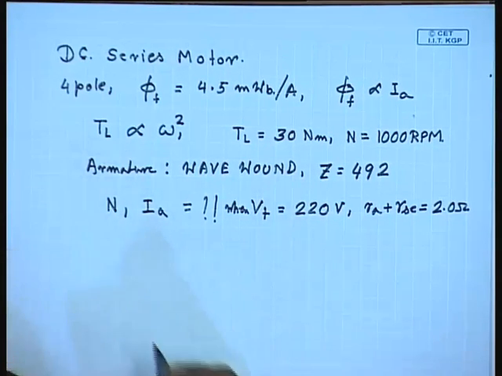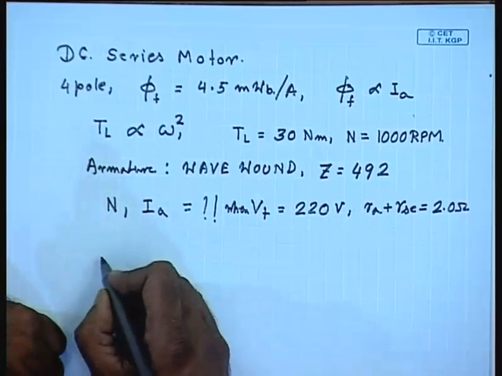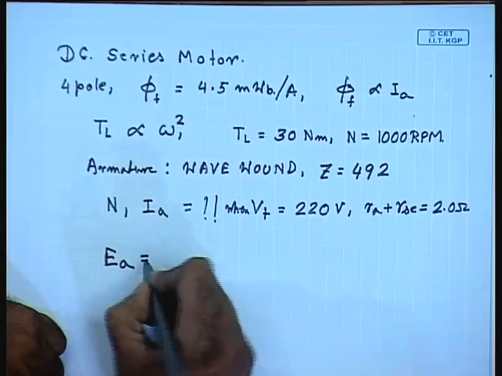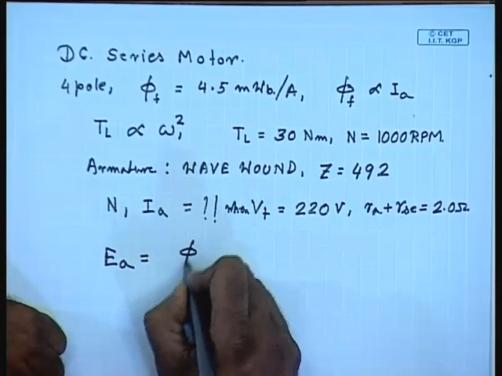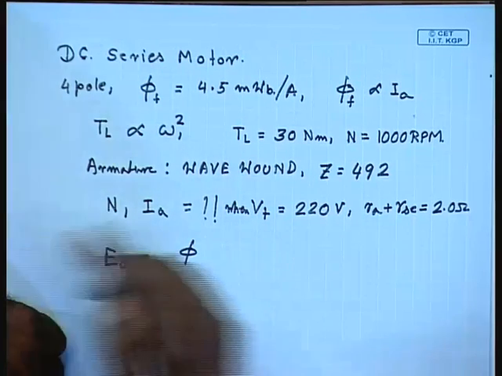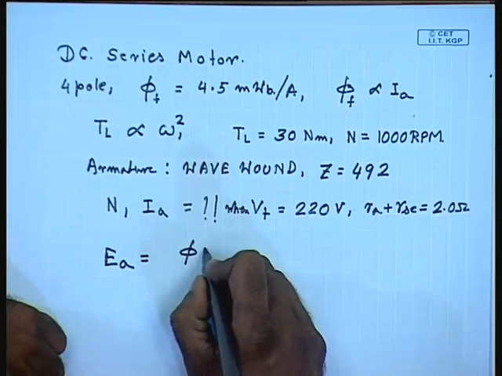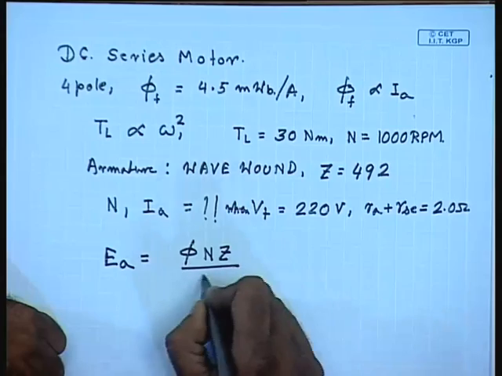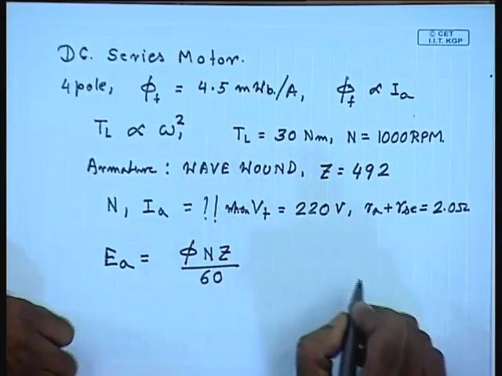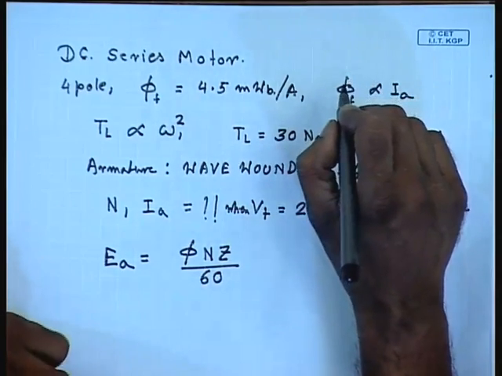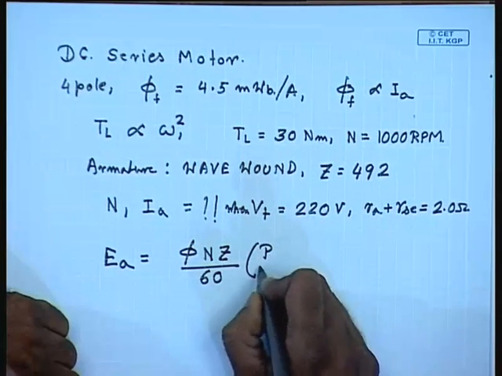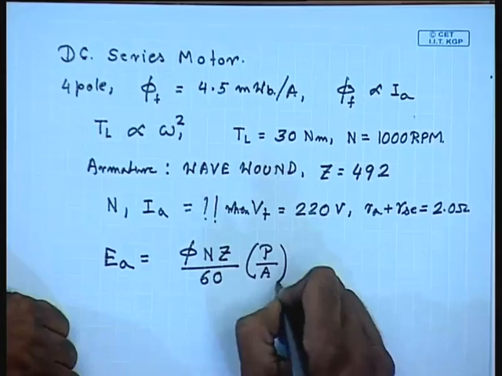Now, the back EMF as a function of current can be found as follows. E is phi n Z by 60 into P by A, number of poles by number of parallel paths.